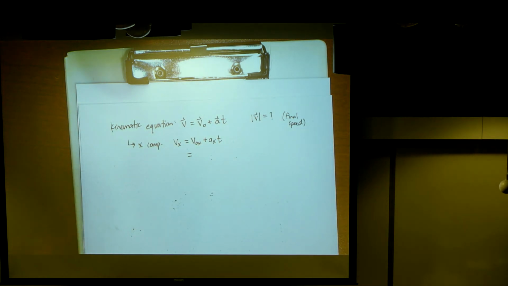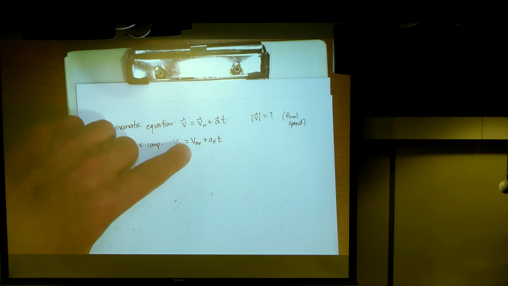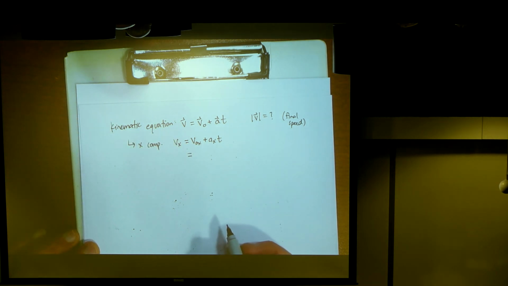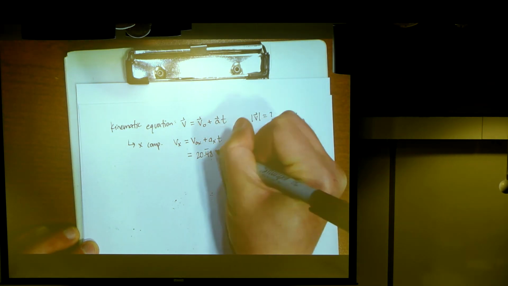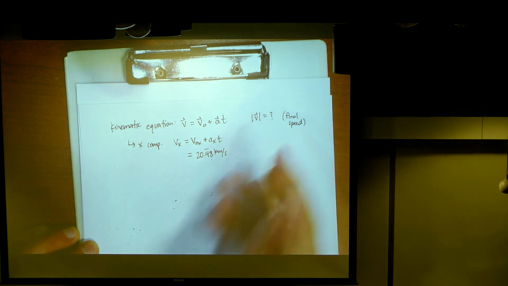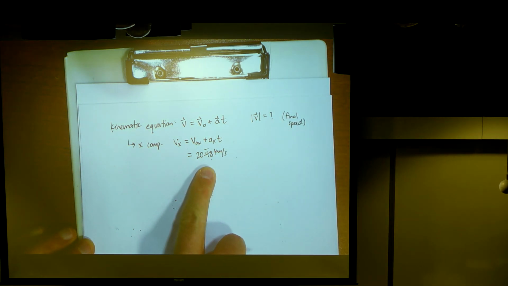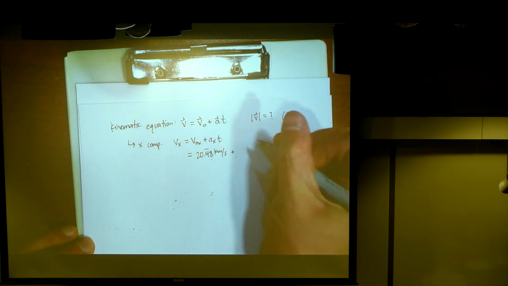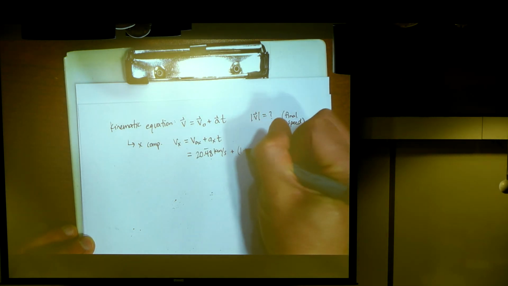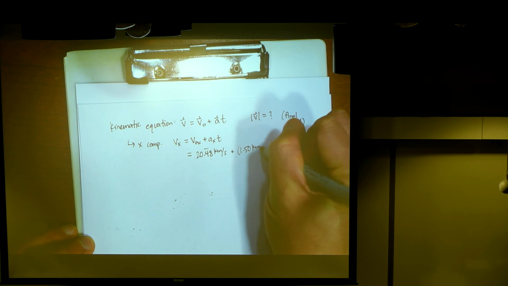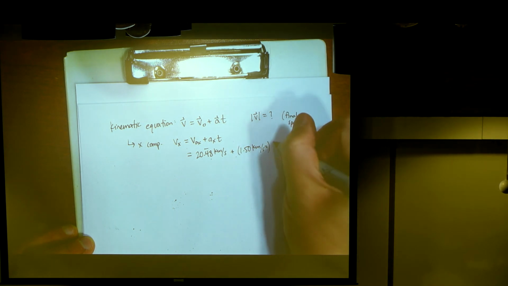What's V naught x? Now that one is not 0. Yeah, that's 20.48 kilometers per second, if you remember. Okay? What about AX? What was that equal to? 1.5. That was 1.5 kilometers per second squared, and then t is 12 seconds.